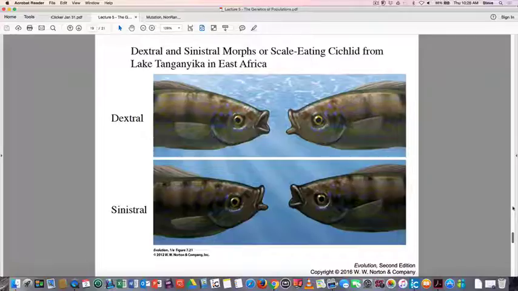This is a species of fish called a cichlid. They're fairly common even in Central South America and Africa. They're extremely diverse, and they have a lot of unusual eating habits. This species is called the scale-eating cichlid. Guess what it eats? It eats the scales of other fish.